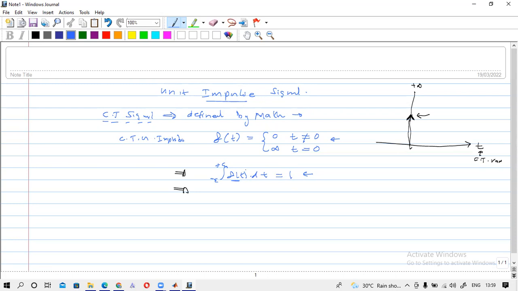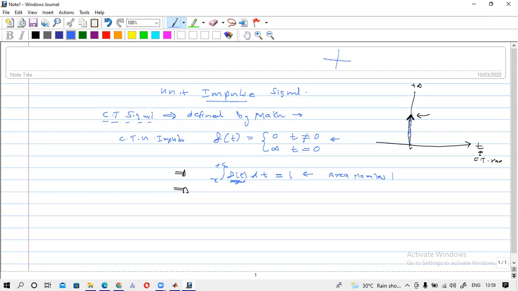If it is equal to 1, that means the area of this unit impulse is normalized to 1.